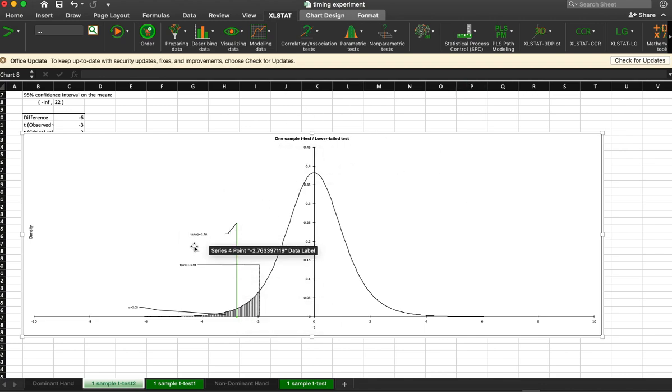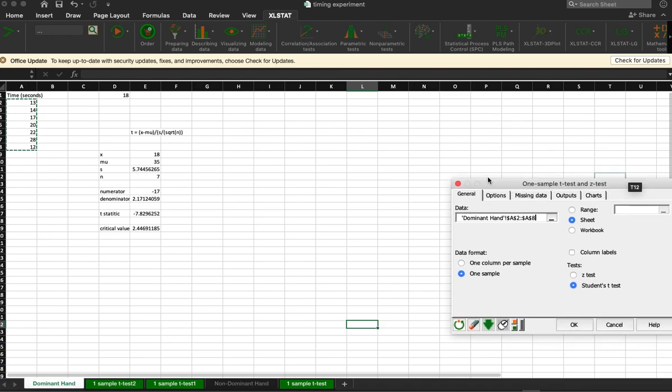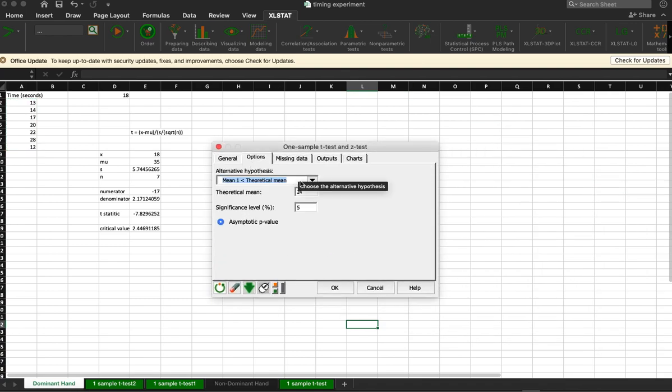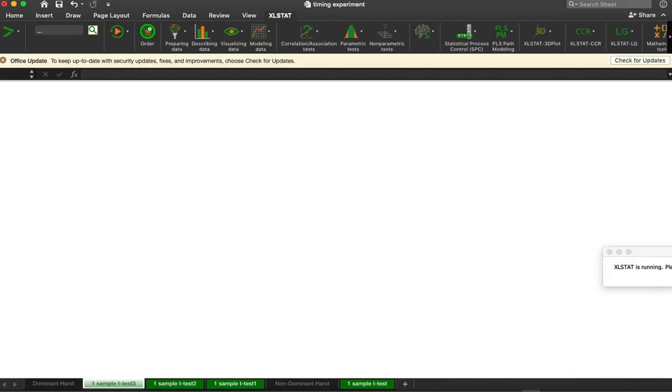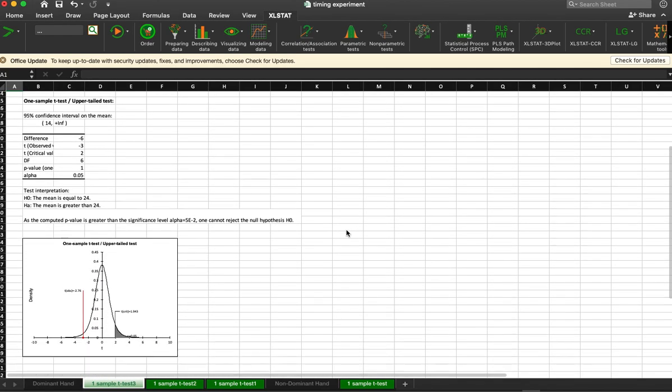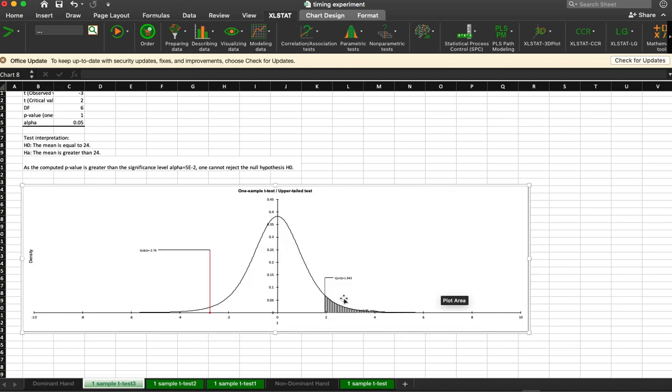All right, let's just run the same thing again, but I'm going to switch our option here from our mean is less than the theoretical mean to our mean is greater than a theoretical mean. Now we're talking about a right-tailed test.